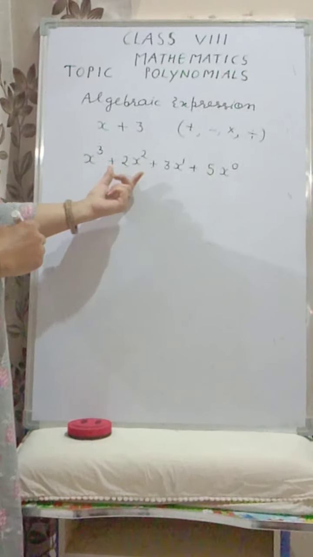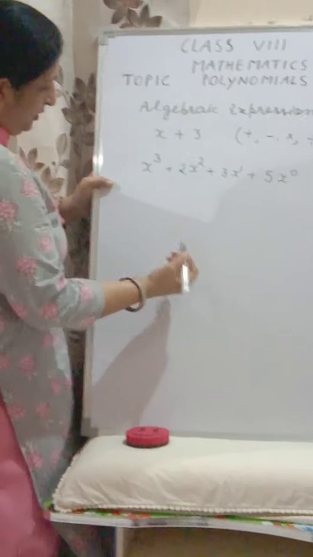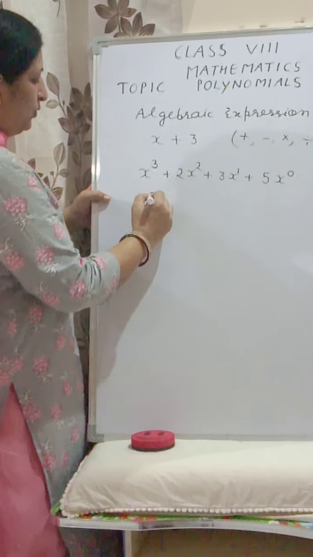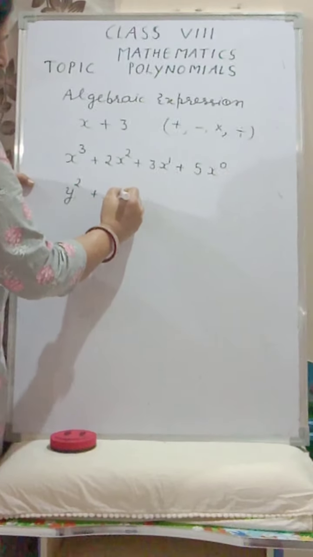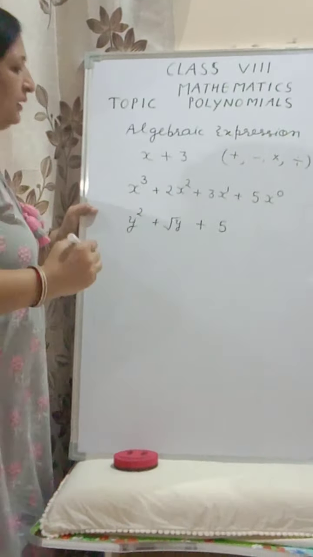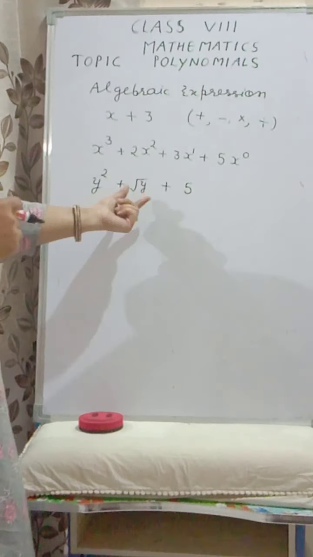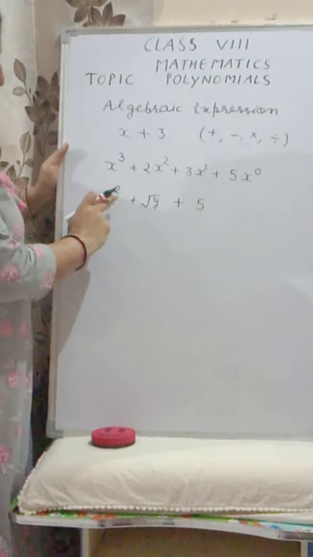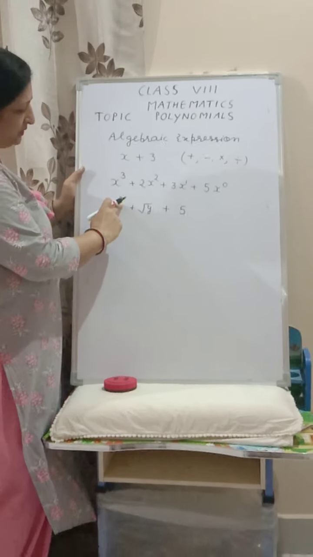Now look, y raised to power 2 plus square root of y plus 5. Now observe, is it a polynomial or not? The power of the variable is 2, it is positive.